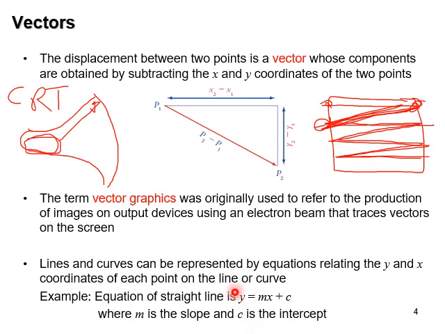So you're relating the y coordinate to the x coordinate, and any curve can be represented with this type of equation. So the main idea of vector graphics is that instead of representing images with the value of every single pixel appearing in the image, we make use of the mathematical description of shapes, as we will see during this lecture, to represent the shapes.